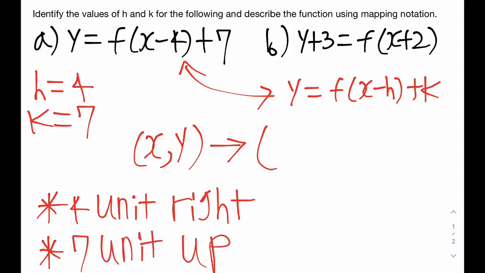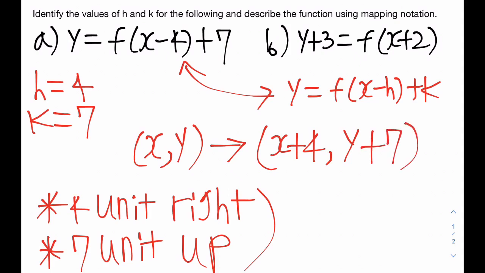So in this mapping notation, we describe these translations. x increased by 4 because it went to the right. When we go towards the right in a graph, it is increasing, so we say x plus 4. And for y, it went up, which is also increasing, so we say plus 7. So this will be our mapping notation for A.